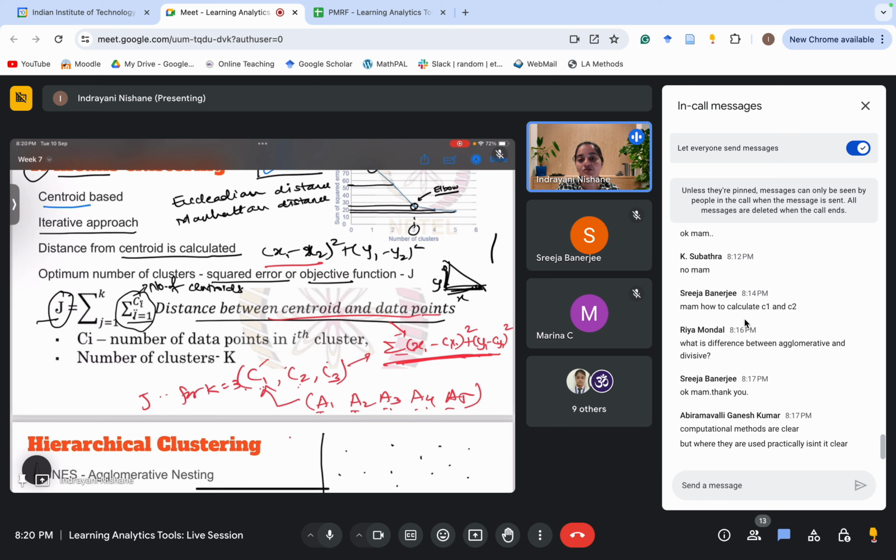If somebody tells you that my objective function for k equal to 3 is xy, and for k equal to 4 is yz, then which should I select? At that time you should be able to make out, based on the difference in the values, where the elbow would lie and what the optimum number of clusters would be. So that's the main learning objective.